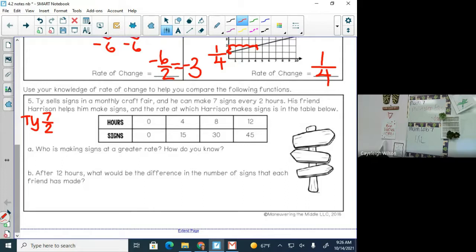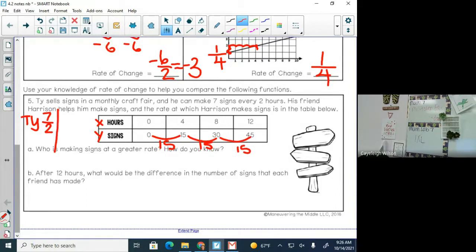So it's a table. How can we find rate of change from a table? Either by choosing 2 points and doing slope formula, or just by finding the change in the y over the change in the x. So on a table, the x is on top, y is on the bottom. All right, so how do they get from 0 to 15? 15. What about from 15 to 30? 15, and 30 to 45 is also 15.